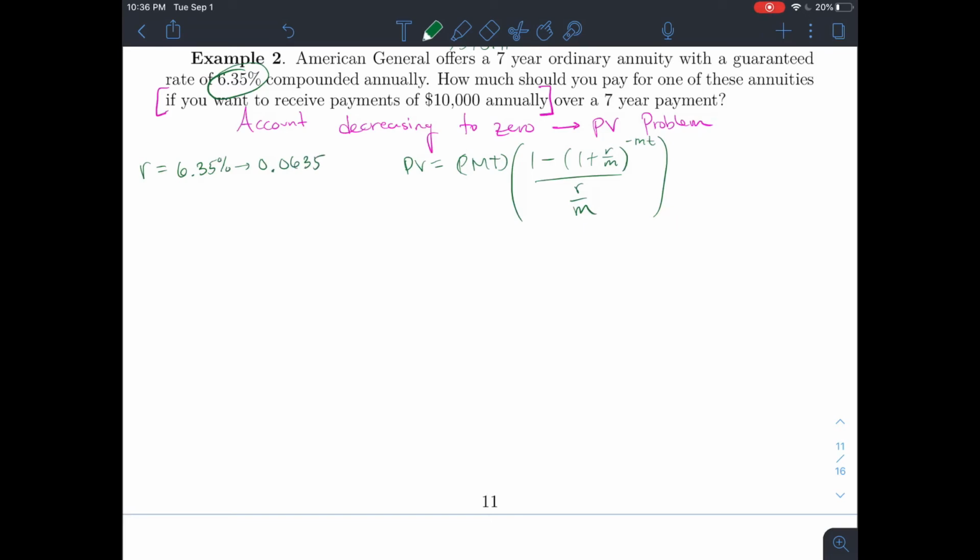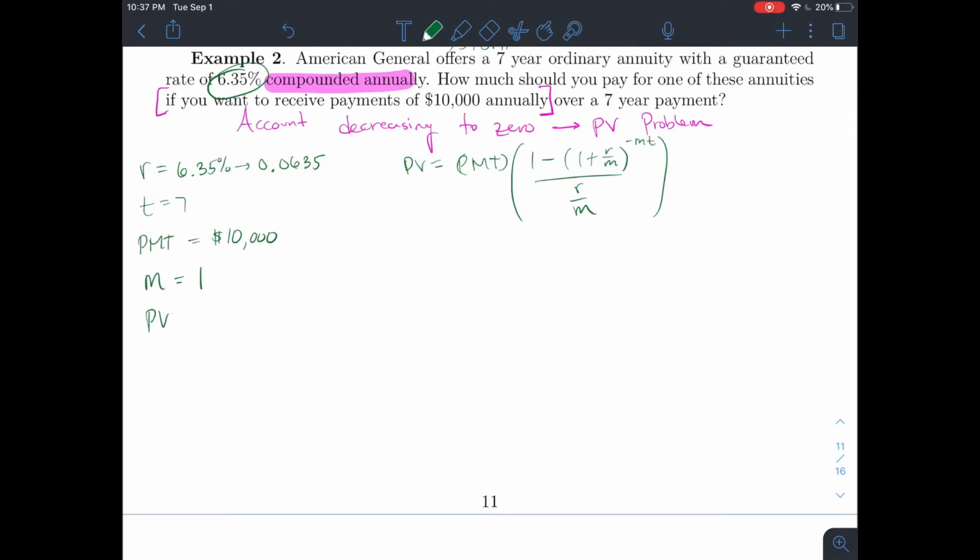We want to pay ourselves over a course of 7 years. Payments, well, the payments are going to be 10,000, and we see that keyword compounded annually, so our number of compounding periods per year is just 1, right? 1 year in a year.